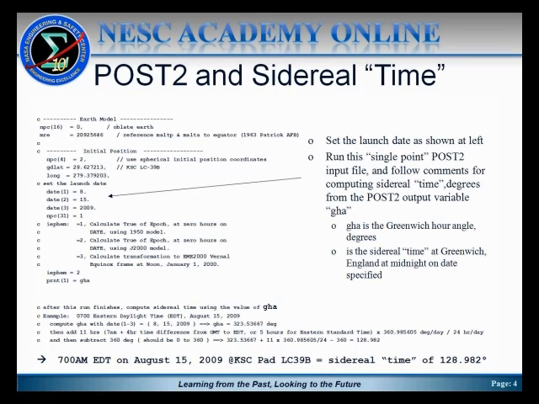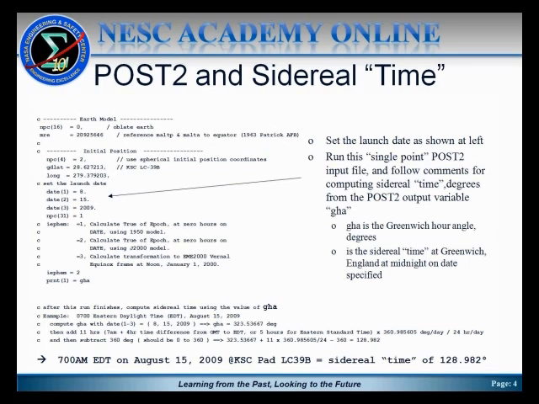But primarily what's shown here is, under the comment called initial position, I've entered the geodetic latitude and longitude that correspond to the launch area, Launch Complex 39B at Kennedy Space Center in Florida. And then just below there, under the comment set launch date, I've set the month to August, or the 8th month of the year. The day is the 15th. The year is 2009. And then there's a parameter called NPC31 that sets how to calculate the ephemeris data.